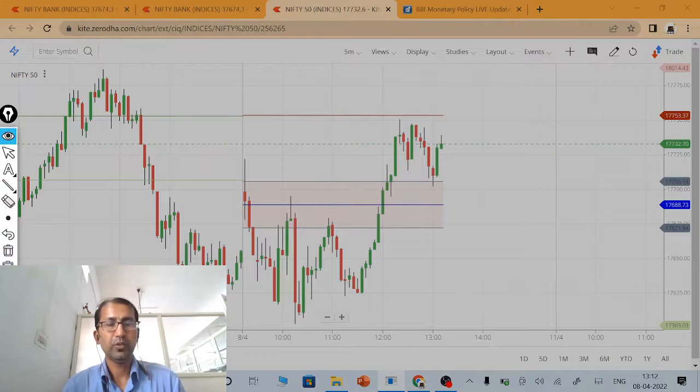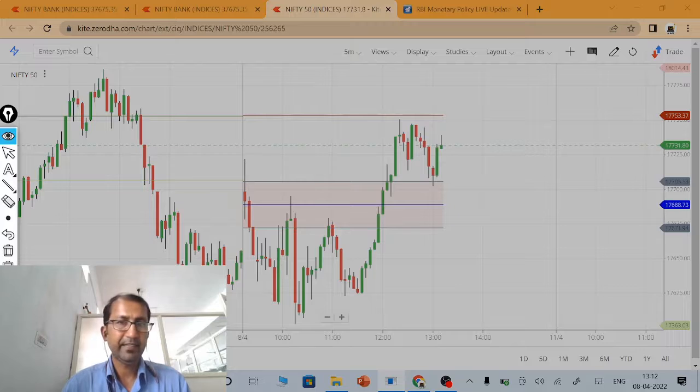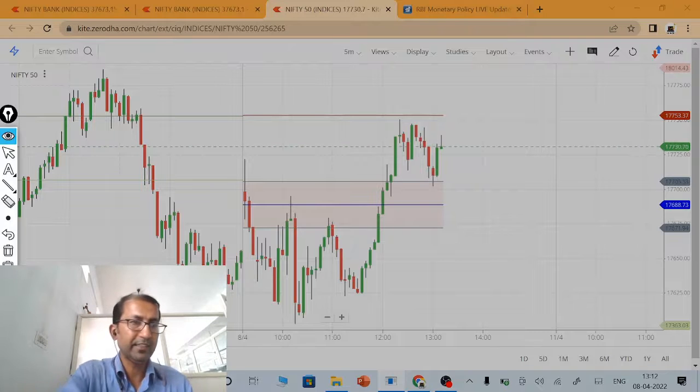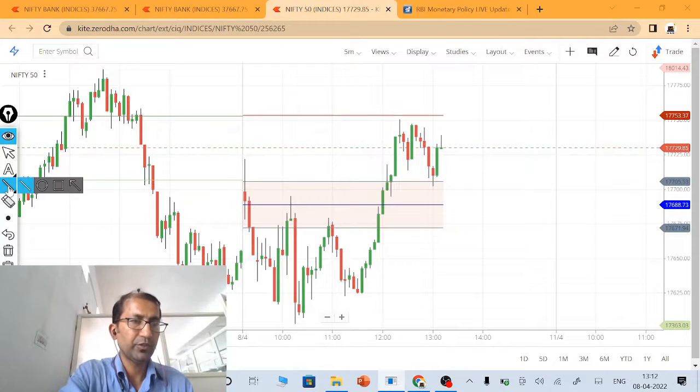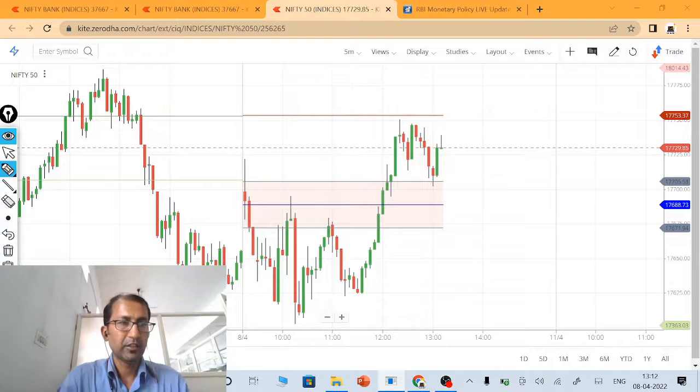Okay, so now how you should trade post the RBI policy. Markets have been doing well. The market is trading at around 17,732. So what should you do now?